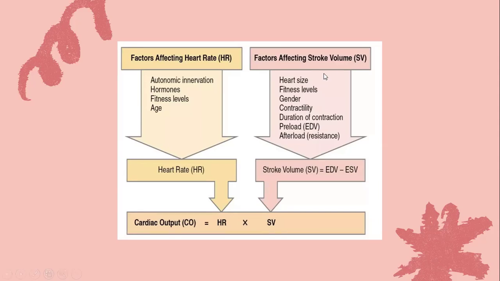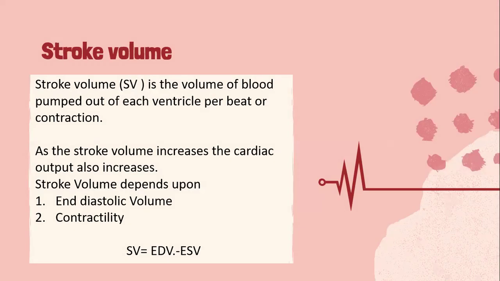Which are the factors affecting stroke volume? Heart size, fitness level, gender, contractility, duration of contractions, preload and afterload. All of those factors affect stroke volume, and they also affect the cardiac output. So let's talk about stroke volume. What exactly is stroke volume?